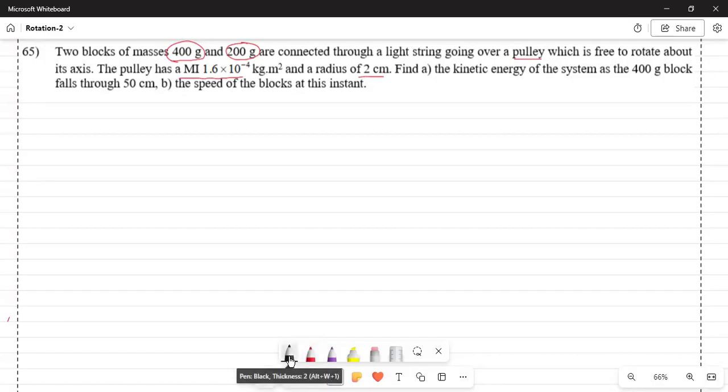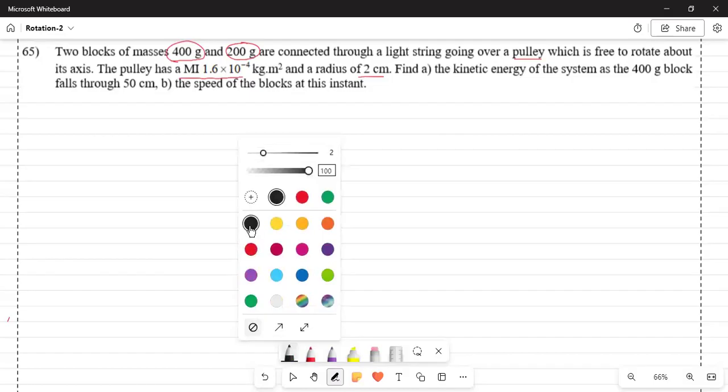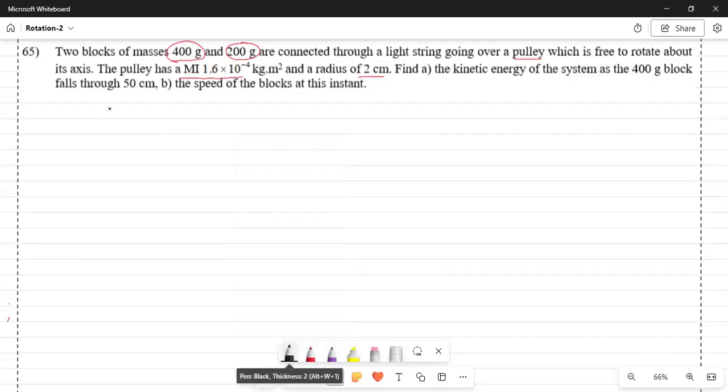So let's say this is the pulley, and this is the center of the pulley.